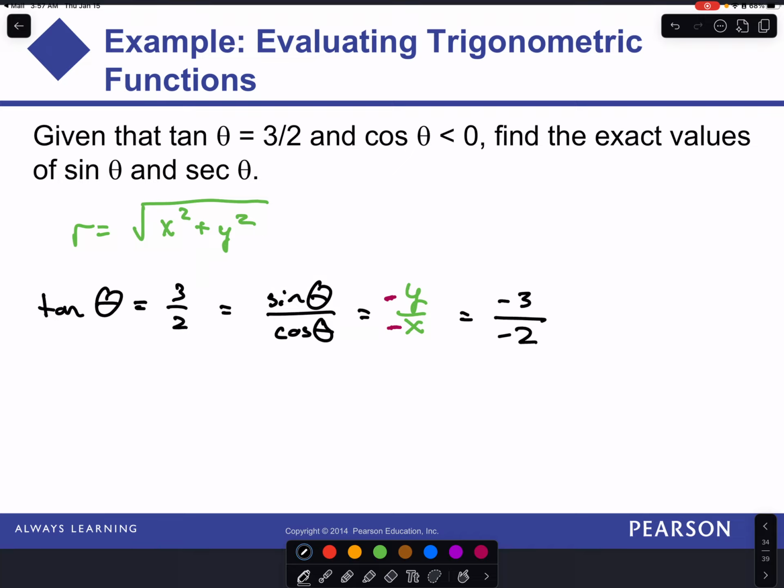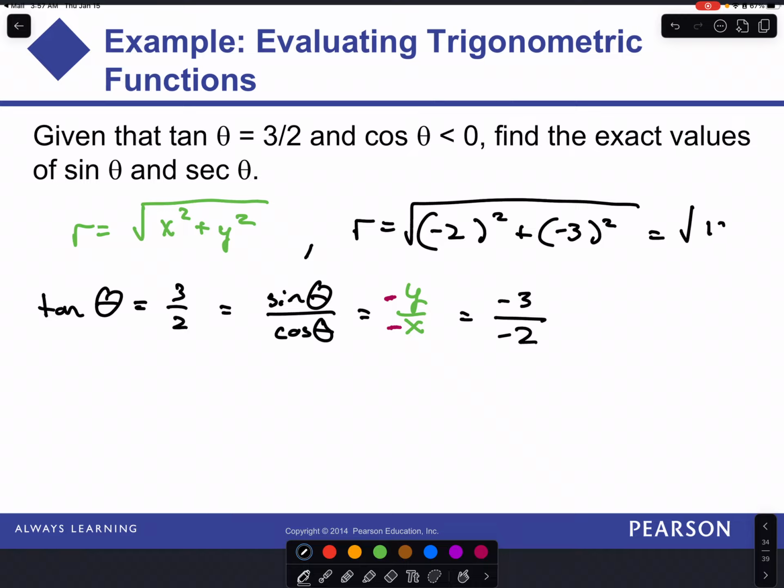Then to find r, we take negative 2 squared plus negative 3 squared, take the square root. 4 plus 9 is 13, so the square root of 13.